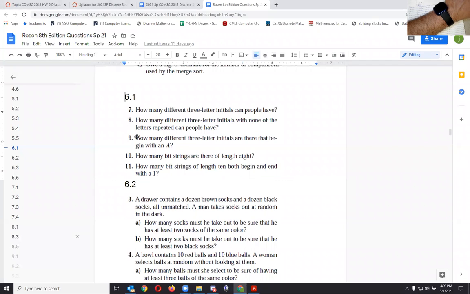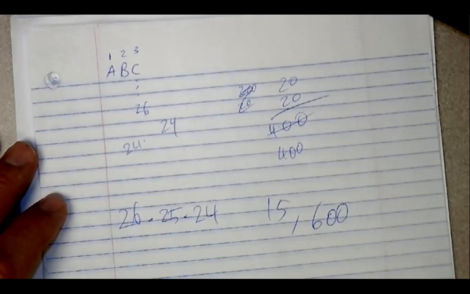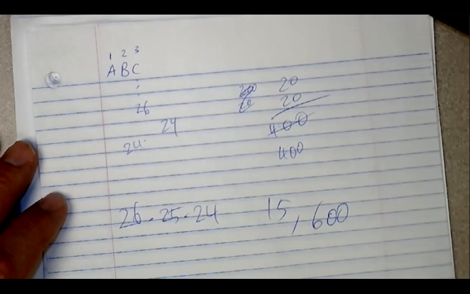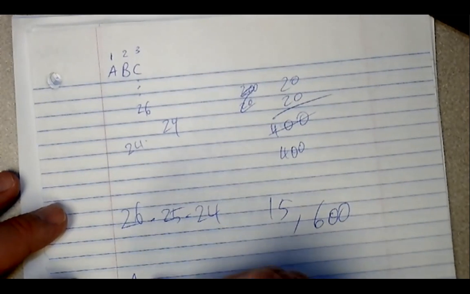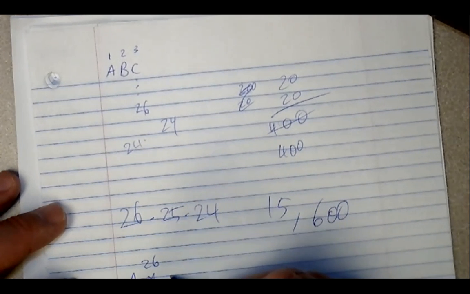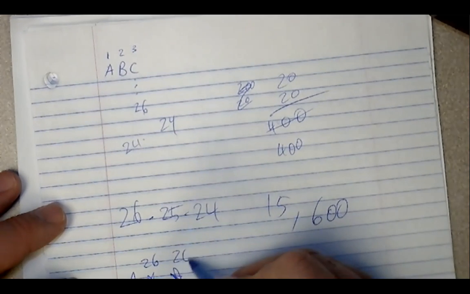So 6.1, question 9: how many different three-letter initials are there that begin with an A? Okay, so I'm going to stop my share. On this one, it can be A and anything of the 26 letters and anything of the 26 letters.